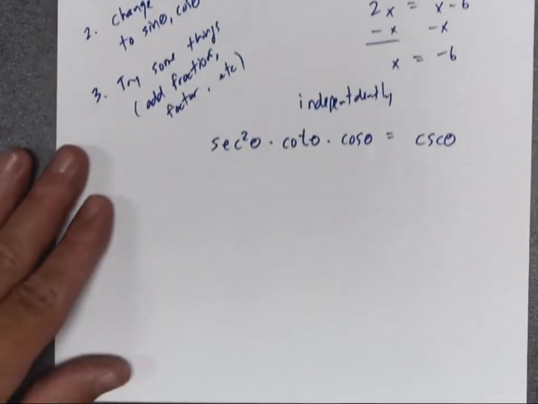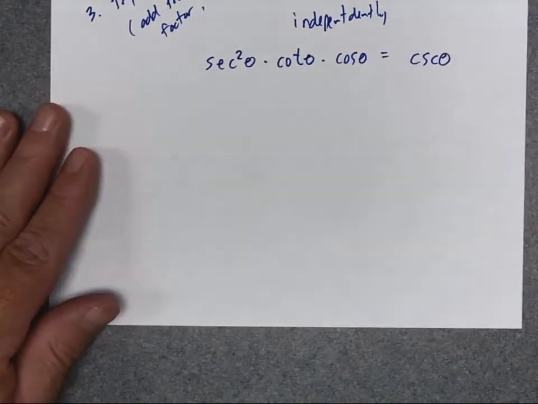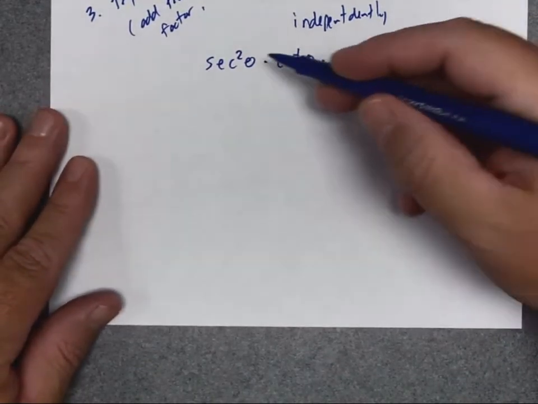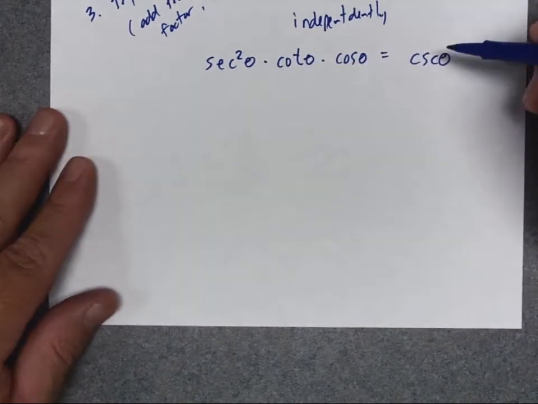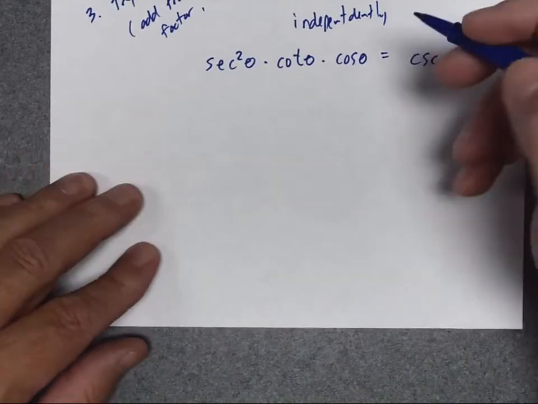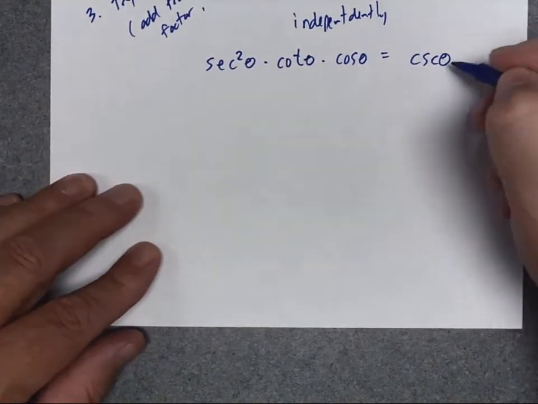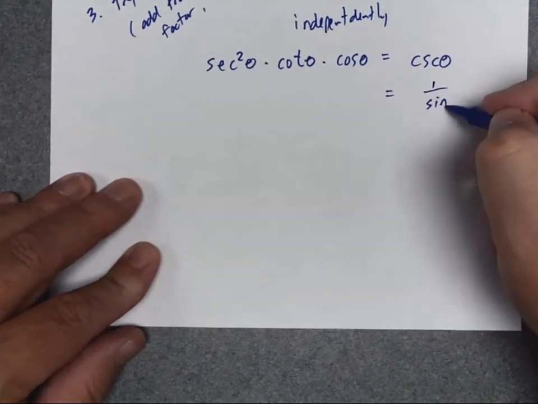I'm going to mainly work on the left-hand side, since it's the most complicated, and try to get the left-hand side to end up equaling the right-hand side. However, I am going to make one change to the right-hand side. I always want everything to be in sines and cosines. So I'm going to change cosecant to 1 over the sine of theta.